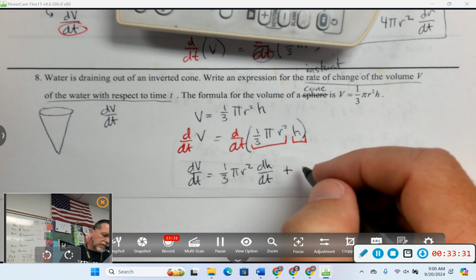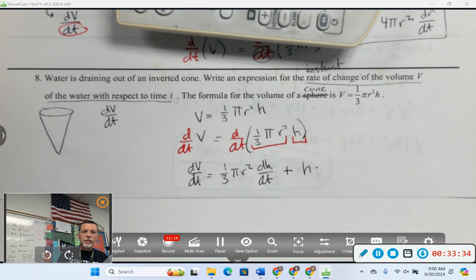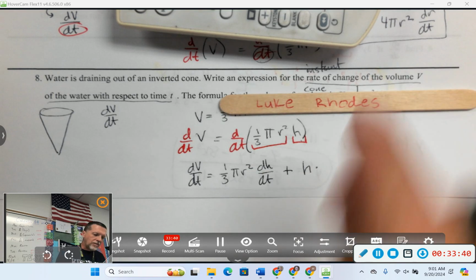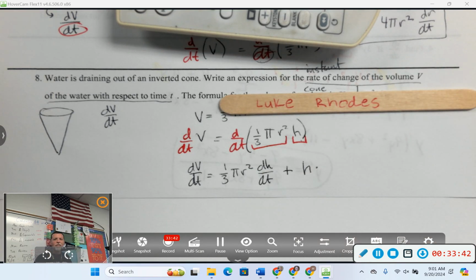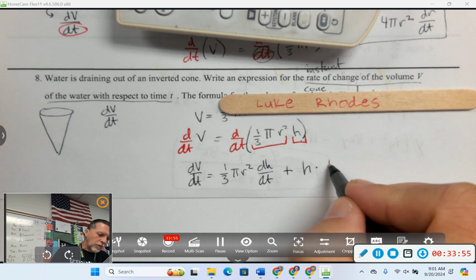Plus the other way around, so h times, okay, this one's a little bit trickier. Luke, I think I've only got you left here. What's the derivative of 1/3 pi r squared? You can kind of leave the 1/3 pi alone.